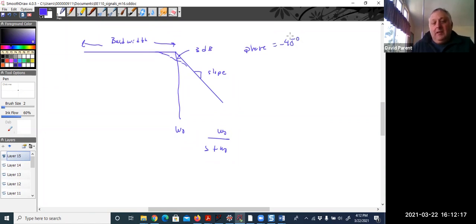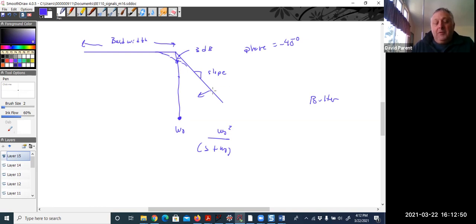Now, if I just start squaring this, the slope goes that way, but these 3 dB points go down 6, down 9, and so on. The Butterworth filter keeps the bandwidth here at 3 dB, and the slope gets steeper.